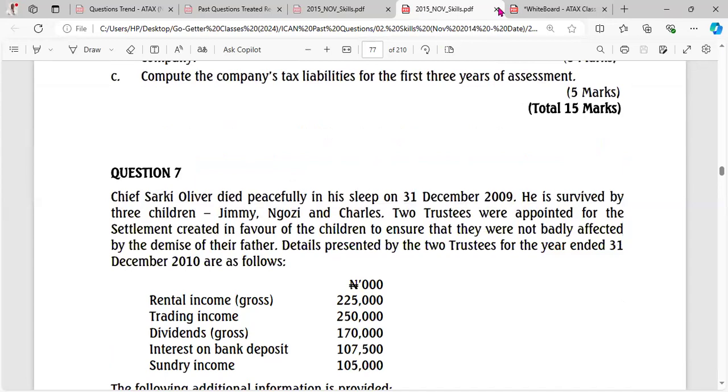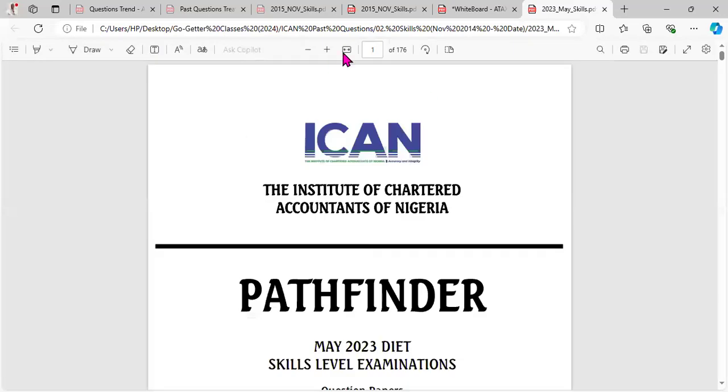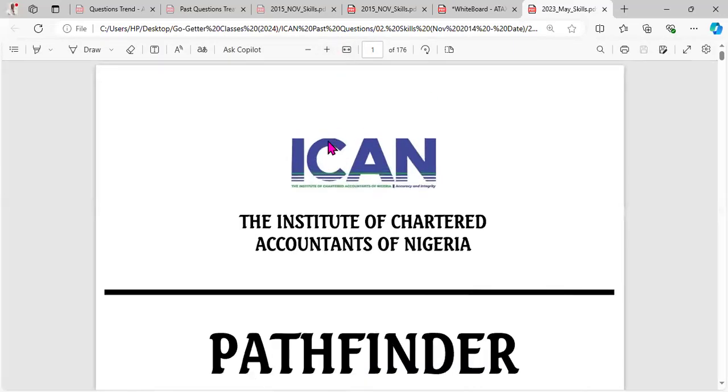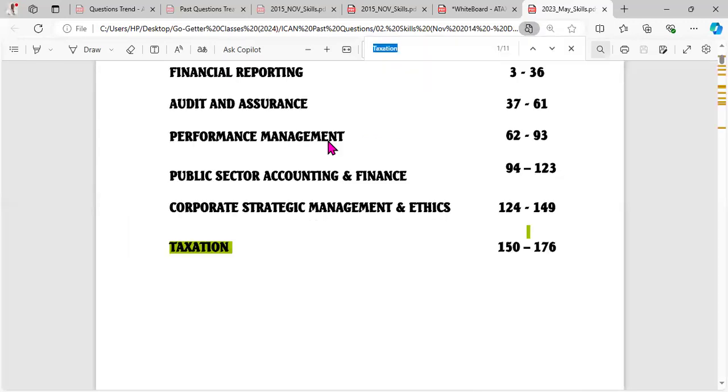Let me check for a more recent question in skills level. Let's see whether a capital allowances question will be included. Let's check if we will see a capital allowance question.